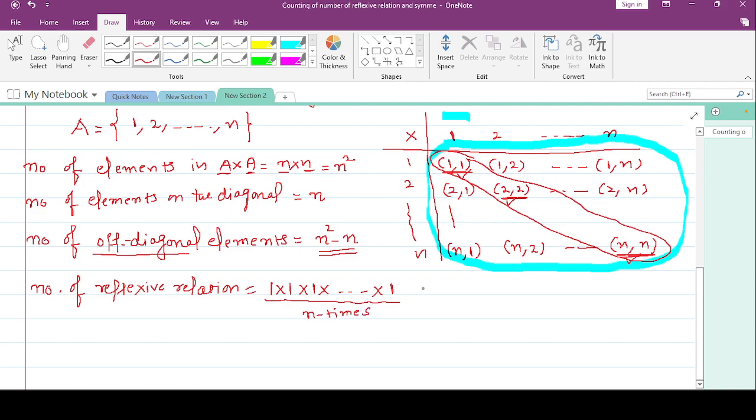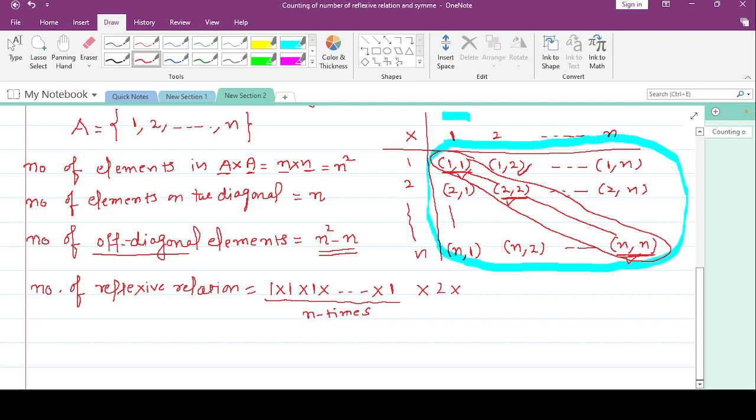But for the other elements, which are not diagonal elements, I have two options: I may write this element in my relation, or I may not. Still the relation remains reflexive, because the condition for a reflexive relation is only that the diagonal elements should be inside the relation. Other elements may come or not, it doesn't matter. So for each off-diagonal element I have two options.